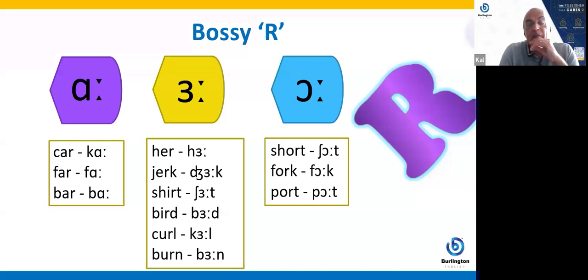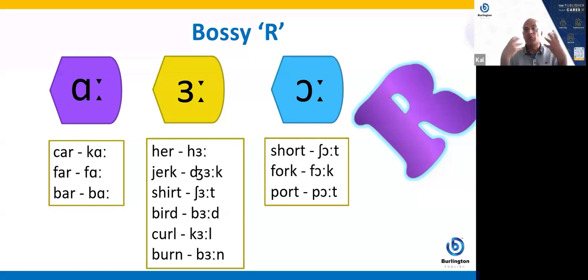Okay, so a couple of things before we come into some activities and practice things. What you should raise, whether you're focusing on reading and the recognition of that, or indeed speaking, is what we call a bossy R. So if you're doing those single vowel sounds and the elongated ones as well, where you stretch them, a lot of people who are not familiar with the phonetic alphabet, if they see a word like car, they'll pronounce the R. See a word like jerk, they will pronounce the R, fork, port.